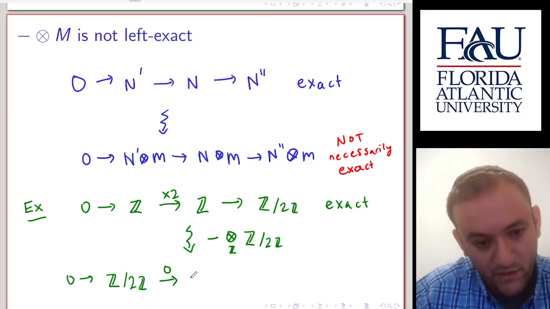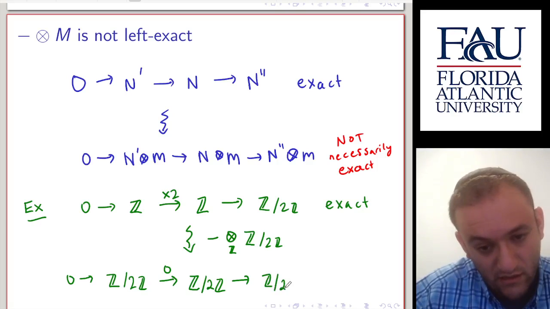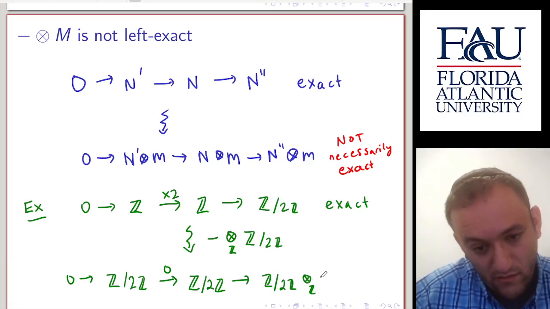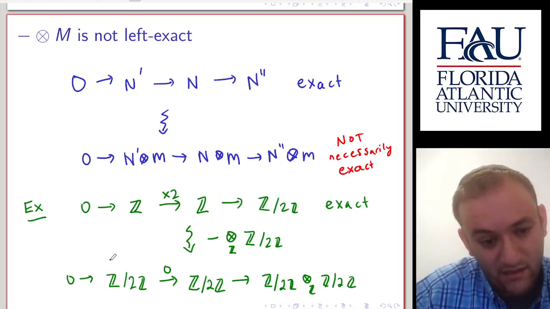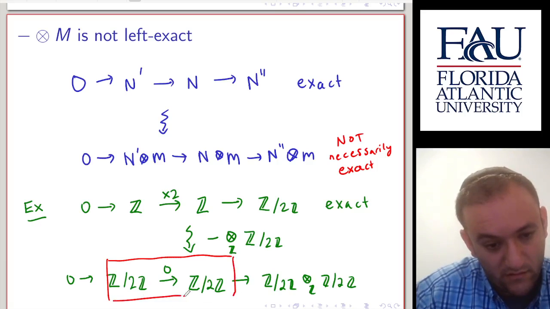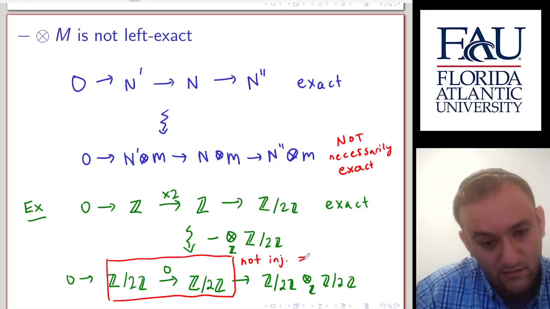Okay. And that gets mapped to Z mod 2Z again. And then we get the tensor product of Z mod 2Z with itself over Z. Okay. But the key here is that this map is not injective. And so the sequence is not exact.